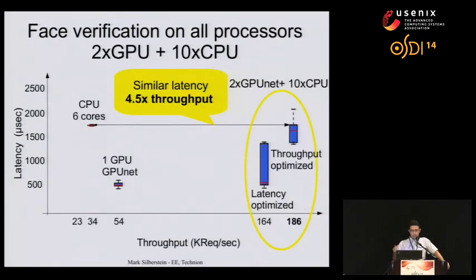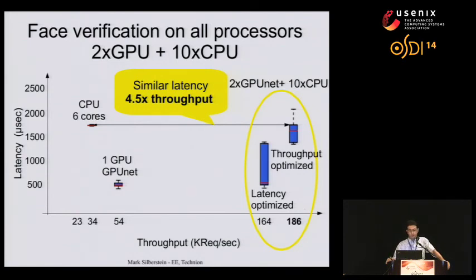Now, this is the last experiment that we did and that I will show here, which is a scale-up experiment where we're trying to use all the resources that we have on the machine. These are 10 CPU cores and 2 GPUs using GPUnet. We built 2 versions of the application. One is latency optimized, another is throughput optimized.